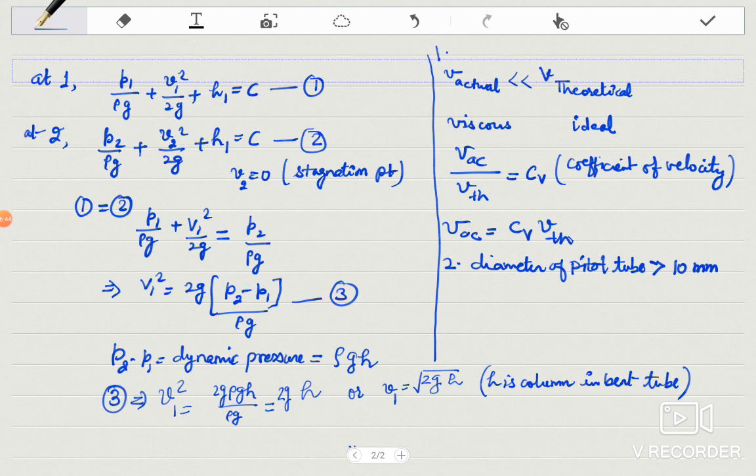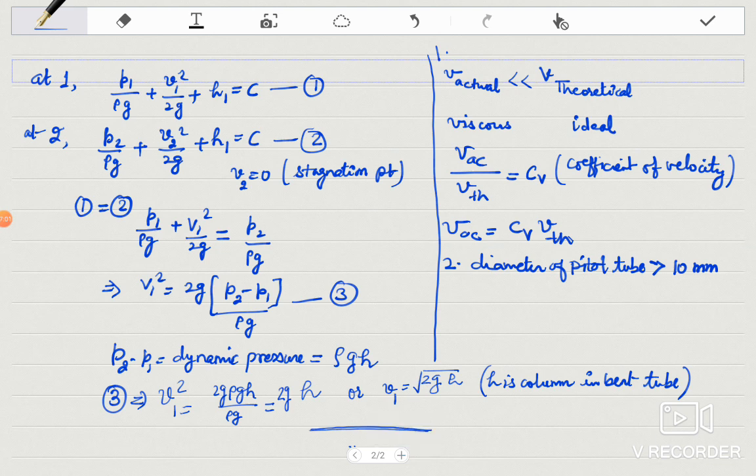So it is one type of Pitot tube, a very basic, very simple Pitot tube. Now you may have a situation where you have a conduit or a pipe and you want to find the velocity at some point of it.